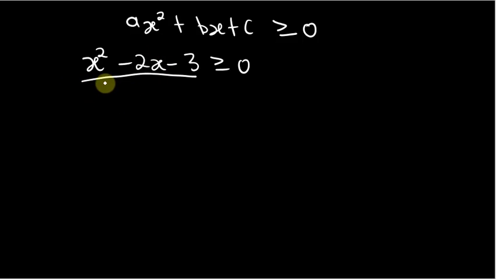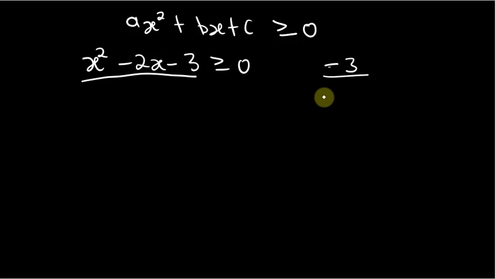So we'll try factorizing this using the normal quadratic factorization approach. Okay, so we take our constant, that is negative 3, and we use that to multiply the coefficient of the square term, and that is positive 1. So negative 3 times positive 1 will give us negative 3. We find two numbers which when we multiply we get negative 3, but when we add we get the coefficient of x, that is negative 2.